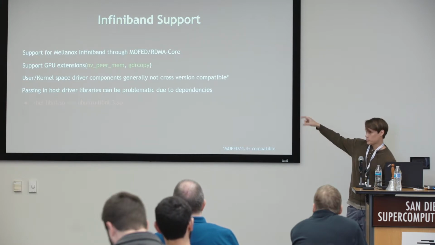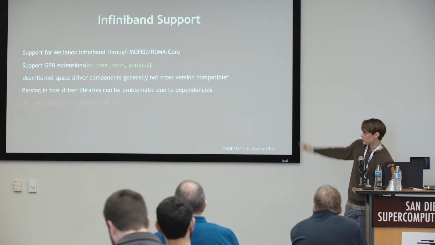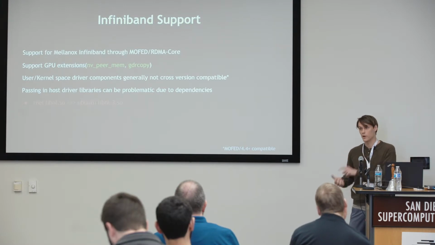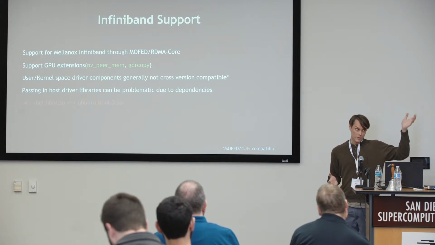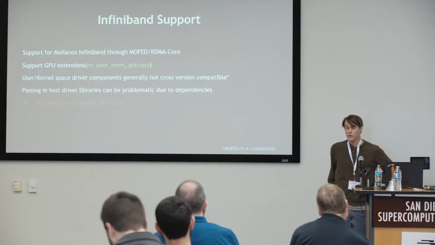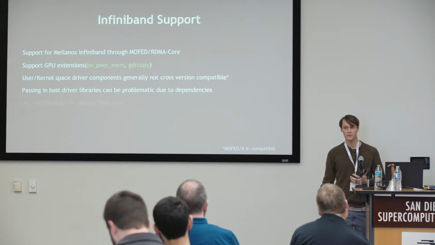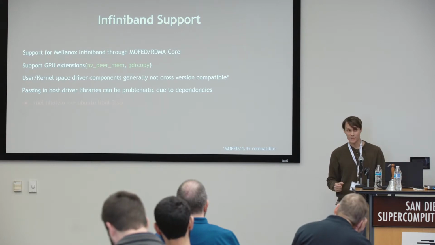So for instance, libibverbs, which is one of the user space libraries that enables InfiniBand support, relies on libnl. libnl is named differently in RHEL and Debian distributions, and so if you go to mount in libibverbs from a RHEL host to an Ubuntu container, you have to do something to make sure the dependencies are set up. Potentially you can pull in all of the dependencies into your container, but it feels like a slippery slope. At some point you get down to libc and you don't want to be pulling that into your container.